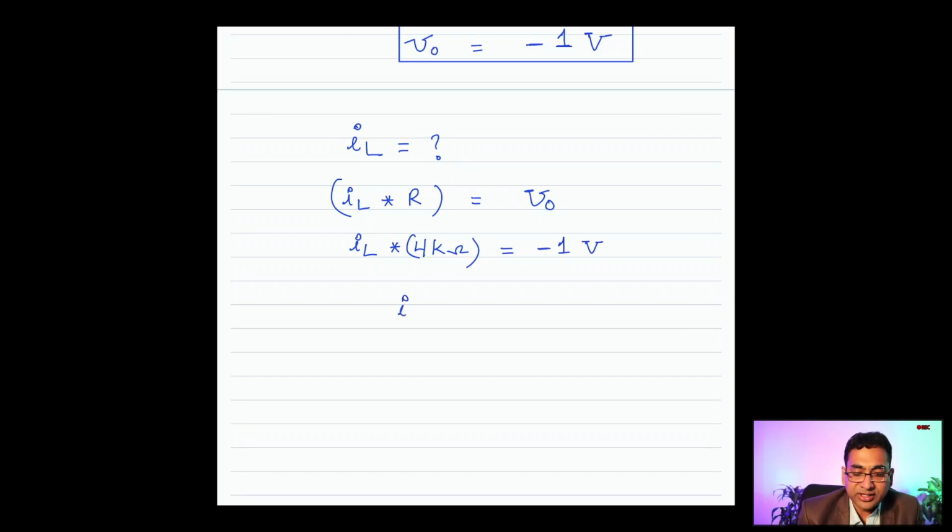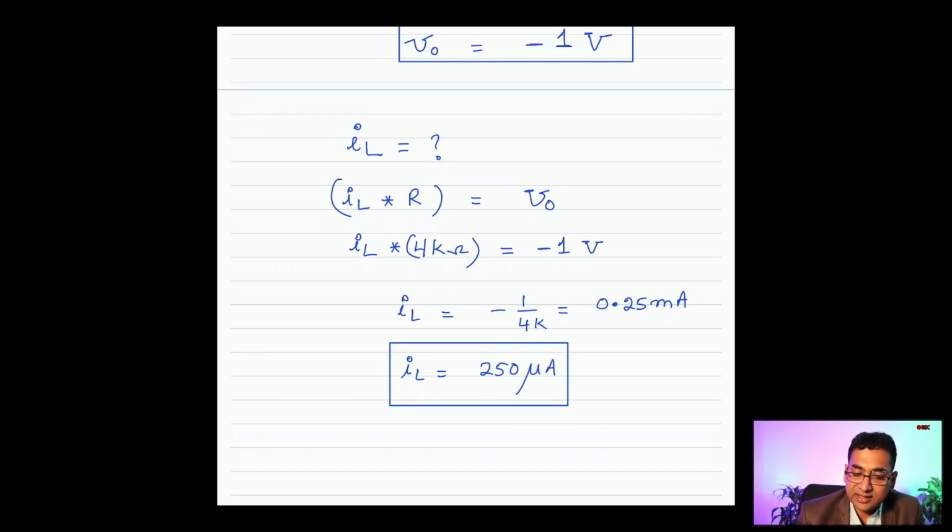We should get a value for IL equals -1 by 4 kilo, or 0.25 milliamperes, which is the same as 250 microamperes.